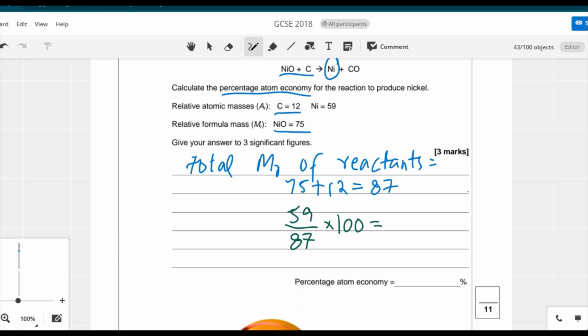We need to calculate to three significant figures. During the calculation the answer is 67.8160. Converting to three significant figures, the answer will be 67.8.